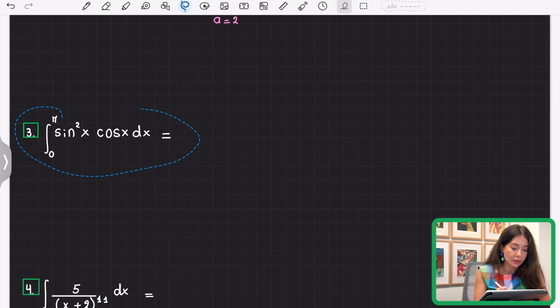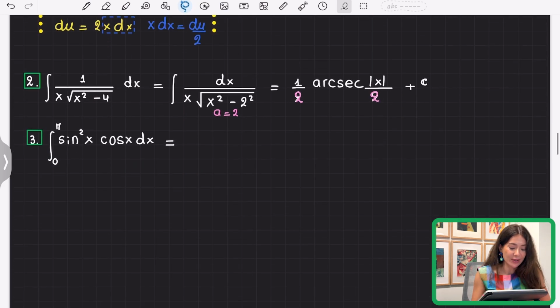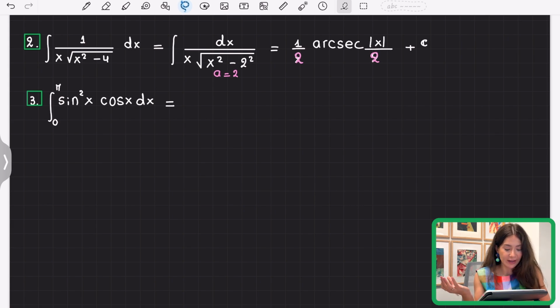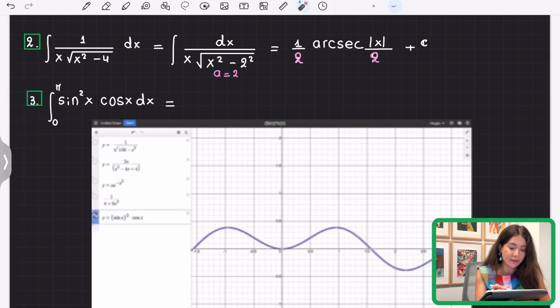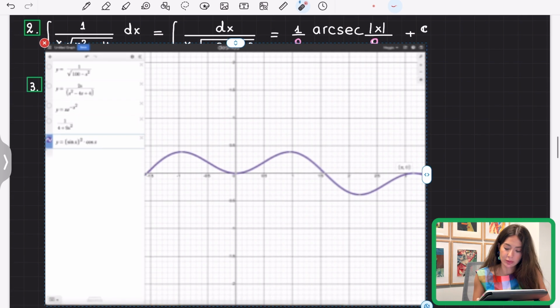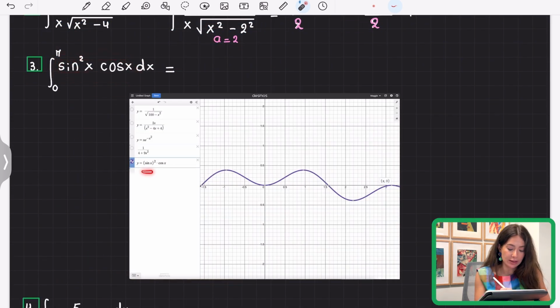Okay, for this integral, number 3, you obviously have to use the fundamental theorem of calculus, and this one is more of a real calculus because you're calculating area under the curve, which calculus was created to do. So here I'm going to get the graph. You put the function that you have in the integral in Desmos, and then you see your bounds, so 0 to pi.